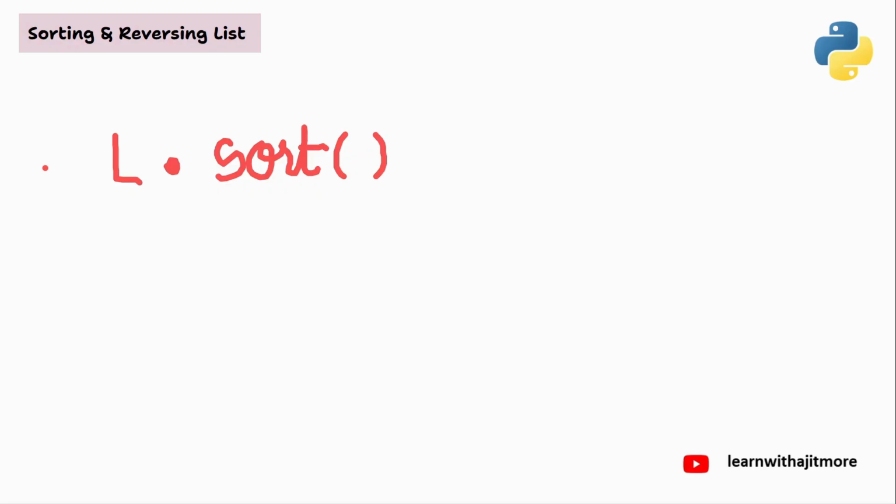So this will return nothing, but if you check your list, it has been sorted by default ascending. And here also, if you pass the reverse equal to true attribute, then it is going to do reverse sorting, means descending order.